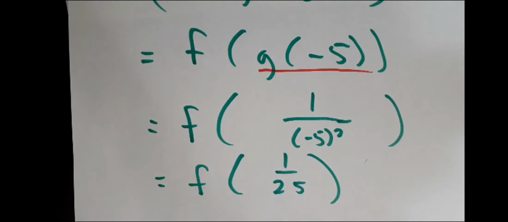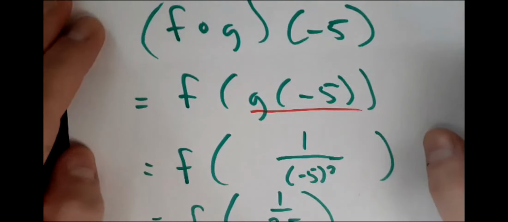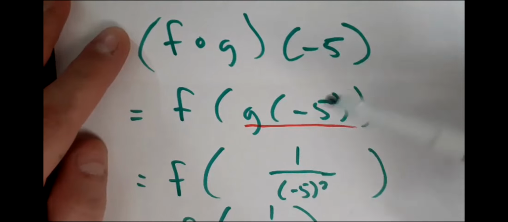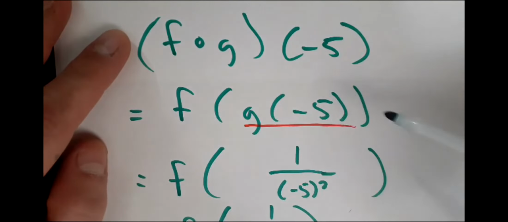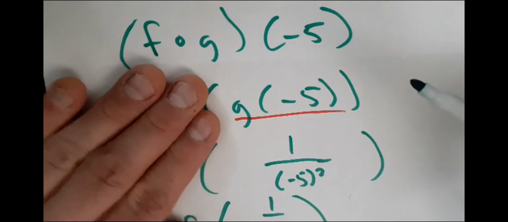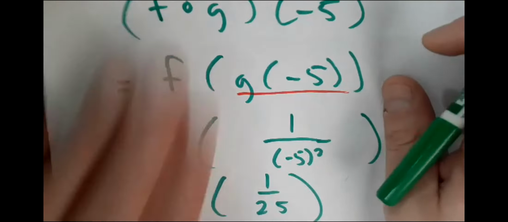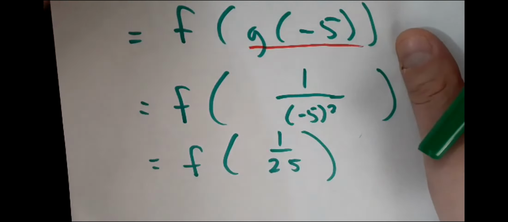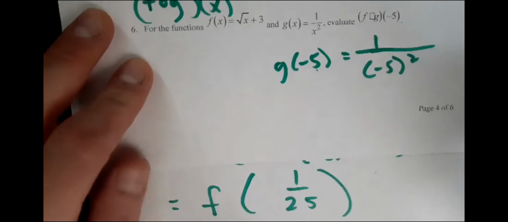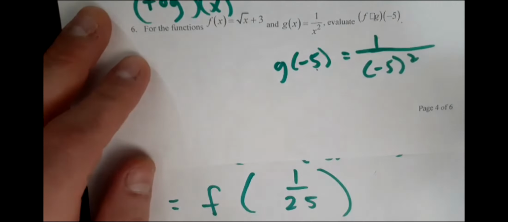So now I go from the inside out. I started with f of g of minus 5. This means I'm plugging in minus 5 to my g function. I do a little bit of simplification. Now I'm left with this thing, f of 1 over 25. So now I'm looking back at my function. My f of x looks like this.